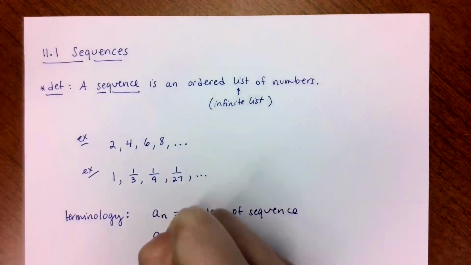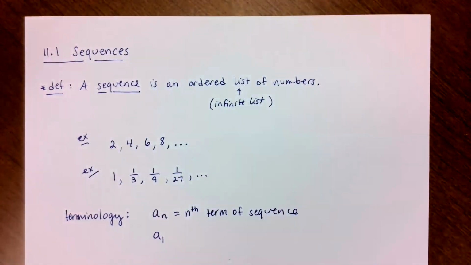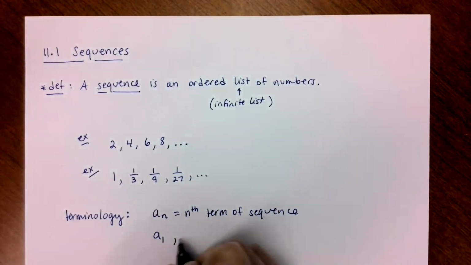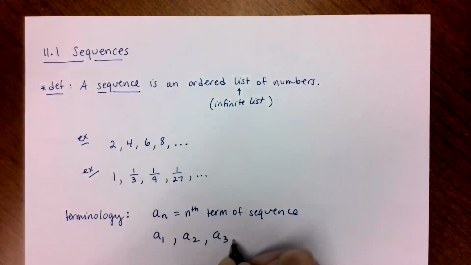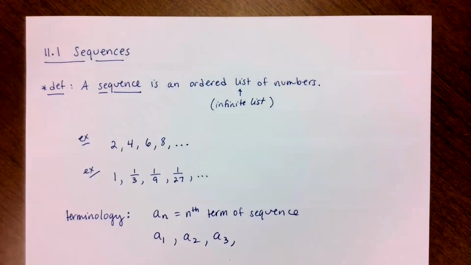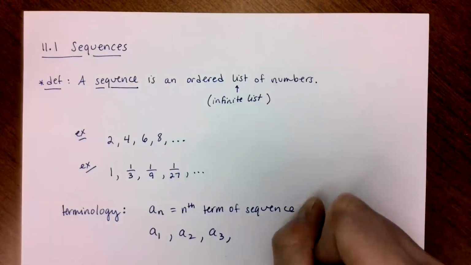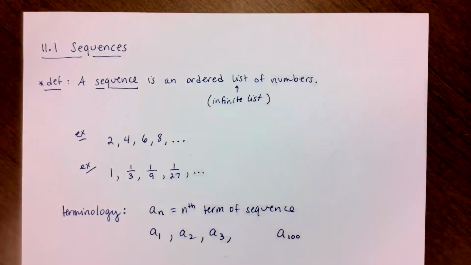So for example, a1 is the first term in the sequence, and then you have a2 is the second, a3 is the third. And the advantage of having notation like this is that you can very easily shout out, let's say, the 100th term in the sequence by just writing a sub 100 as the n value. And then we can call on our terms very easily.